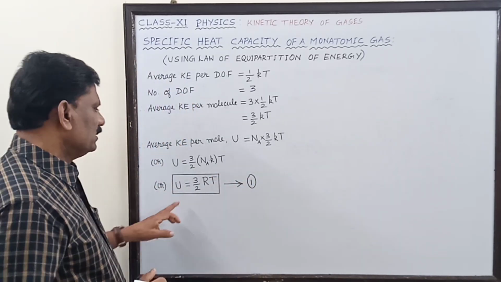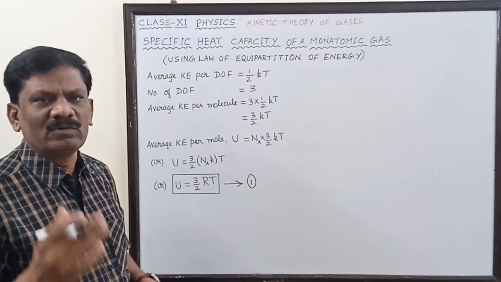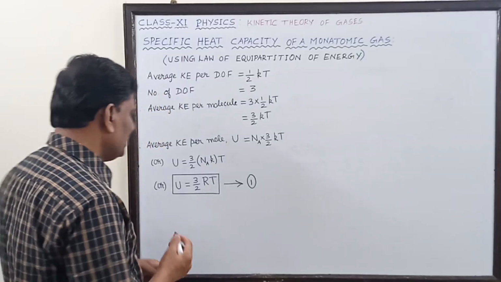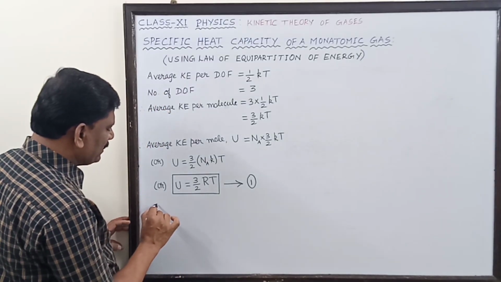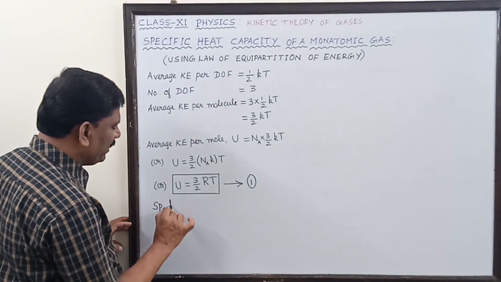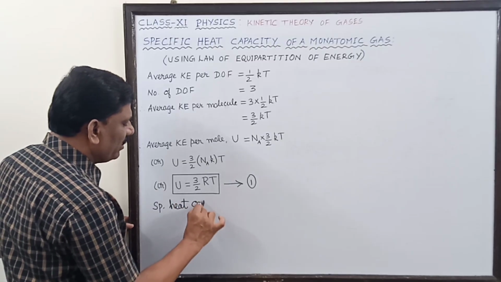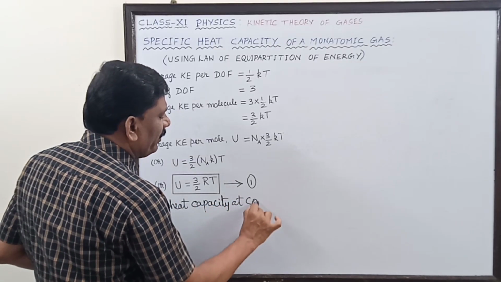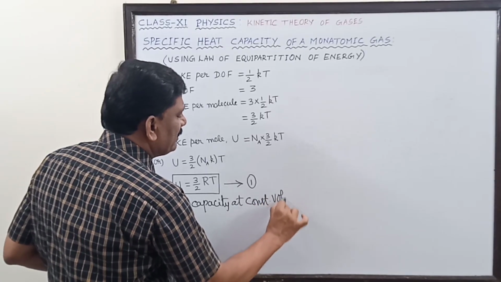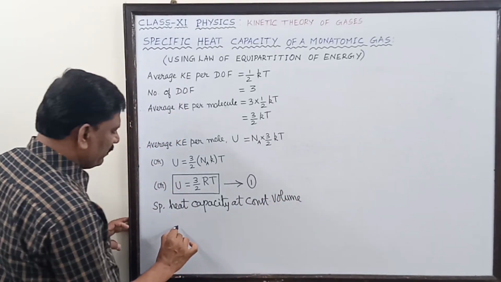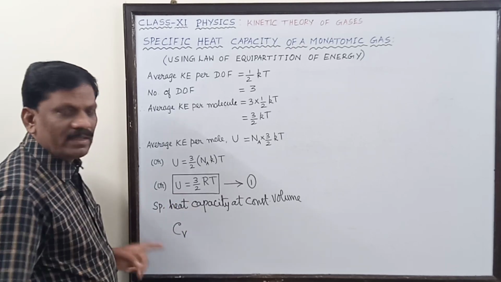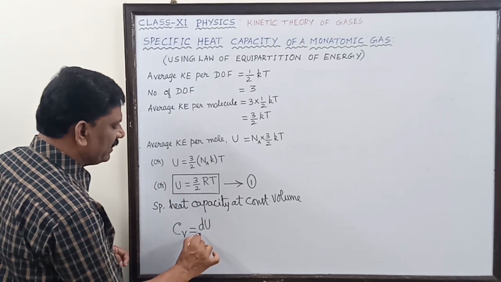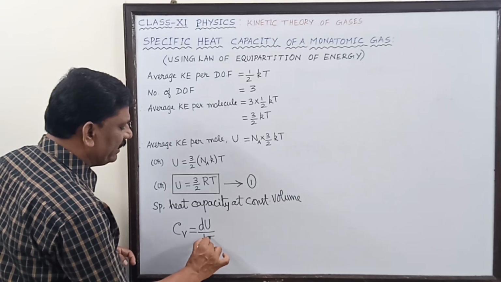Now, we want to derive expressions for Cv first, followed by Cp. So, the specific heat capacity at constant volume: by keeping the volume constant, we find Cv first. Cv is equal to the rate of change of the internal energy, dU by dT.